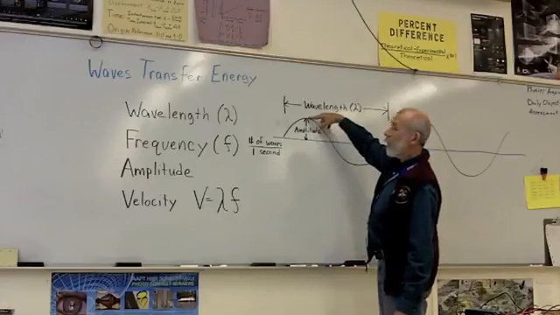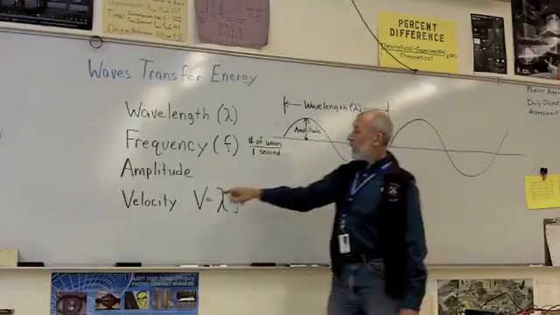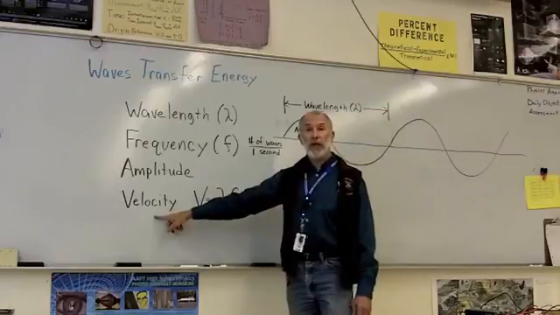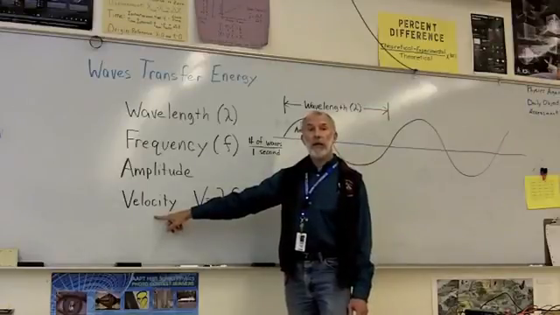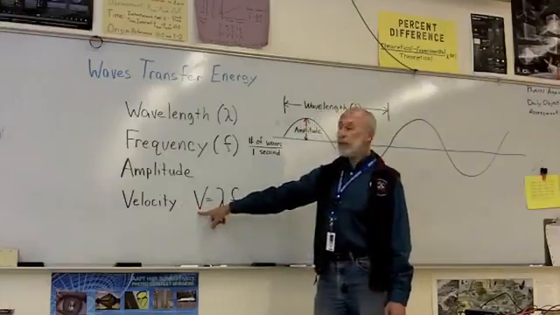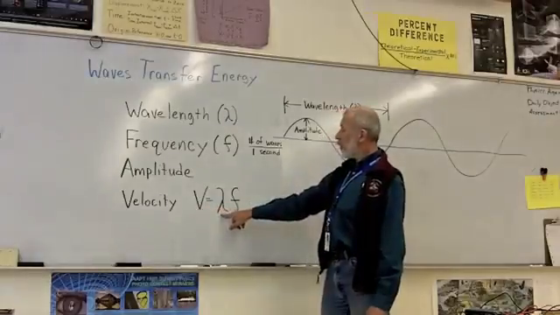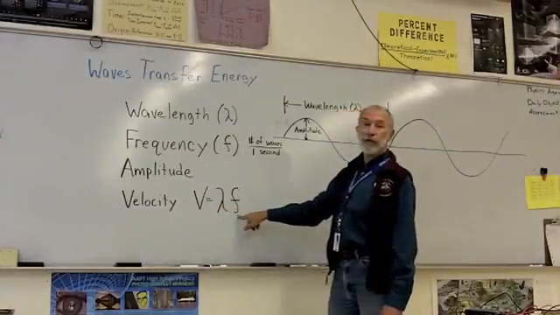So a taller wave, a bigger wave, has a greater amplitude. And our last term is velocity, the speed that the wave actually travels at. If we use a capital V for velocity, the equation becomes velocity equals the wavelength times the frequency.